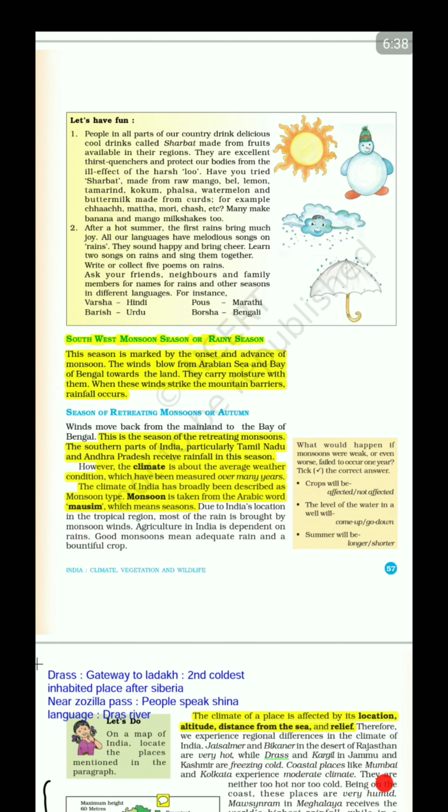This climate of India has been broadly described as monsoon, and the word monsoon has been taken from the Arabic word mausim, which means seasons. Due to India's location in the tropical region, most of the rain is brought by the monsoon wind, and a good monsoon means good rain.